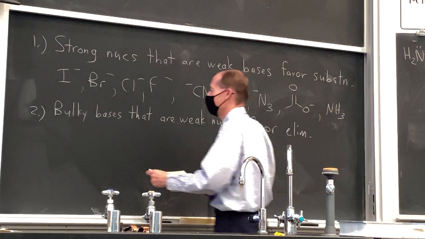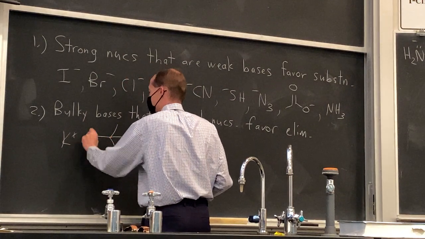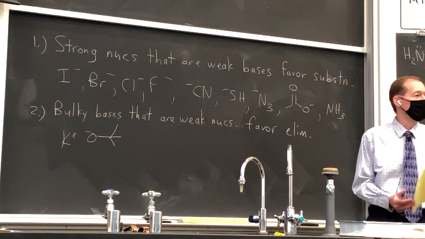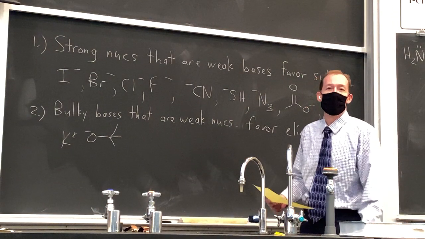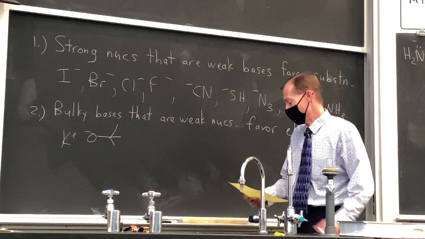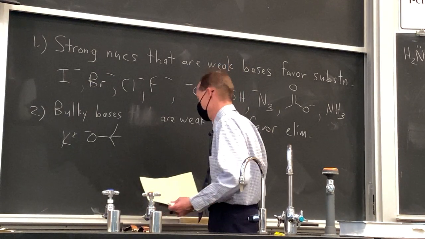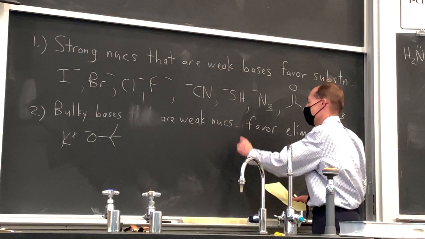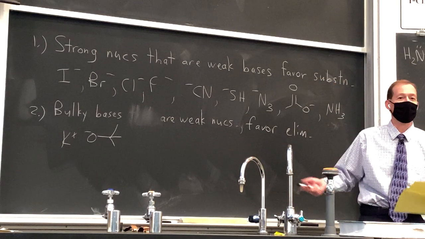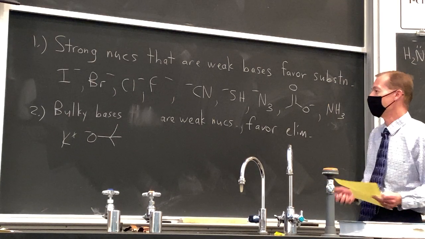It's usually potassium terbutoxide. It doesn't have to be; it can be sodium or lithium, but this is our most common bulky base, and it is therefore a weak nucleophile. Actually, I should say bulky bases are weak nucleophiles, because there are no bulky bases that aren't weak nucleophiles. They're automatically weak nucleophiles, and they favor elimination.